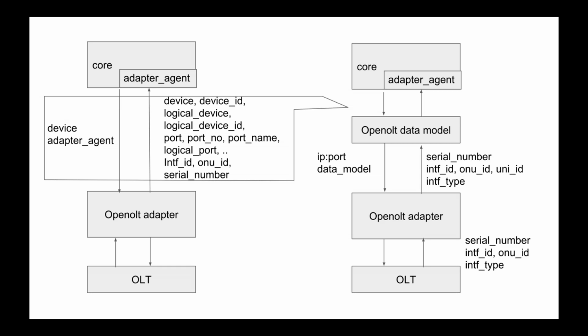I'll try. Sorry. So a couple things I heard in the conversation raise flags for me, things that at least I need to think about. One was that this OpenOLT data model was presented because it gives a single entry point for communication to the core for the OpenOLT adapter and potentially other adapters.